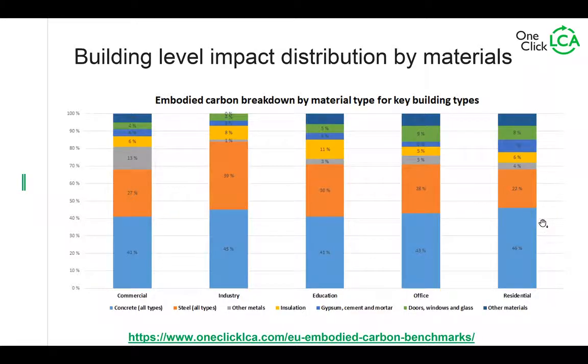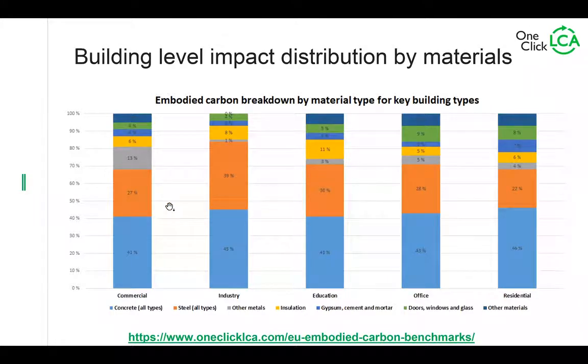We did some building typology based impact distributions by materials, showing the difference between commercial, industrial, educational, office and residential buildings, and what portion of the impact is coming from concrete, being the bottommost. So we are steadily in the range of 40 to 45 percent of total impacts.